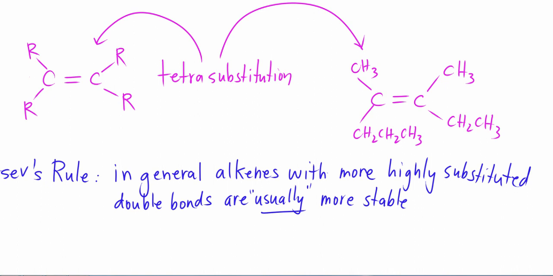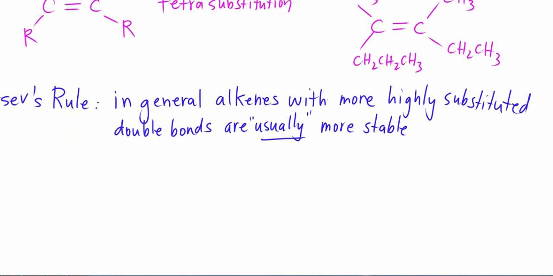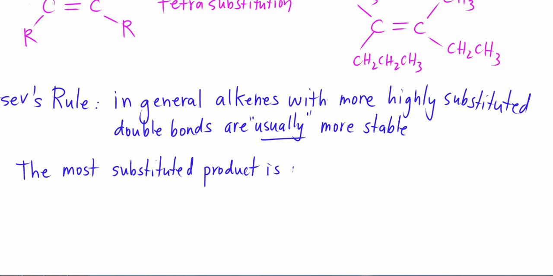So another way of stating this, you can say that the most substituted product is usually more favored and stable.